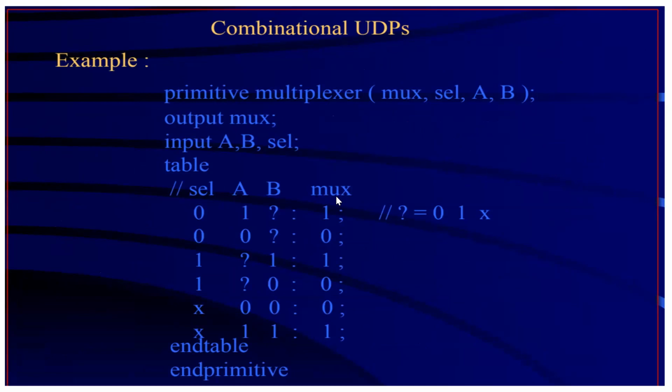See this example. This is the program. This is the UDP, user defined primitive, a program. This is the multiplexer I'm talking about. Two to one mux.